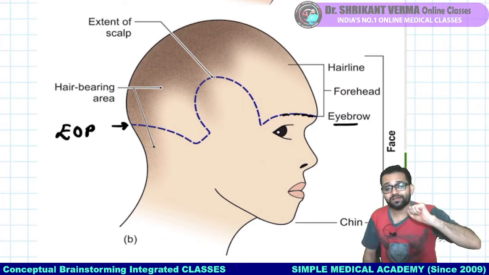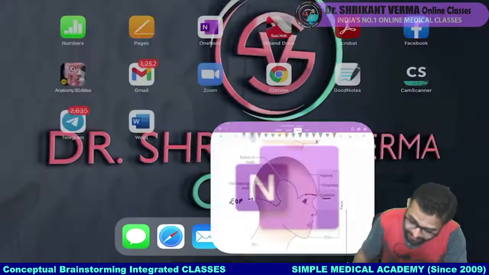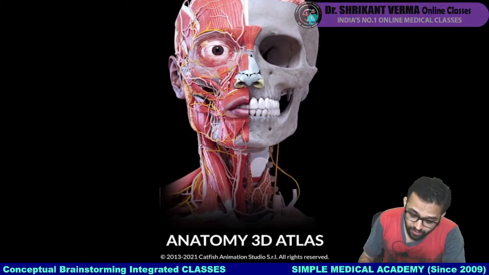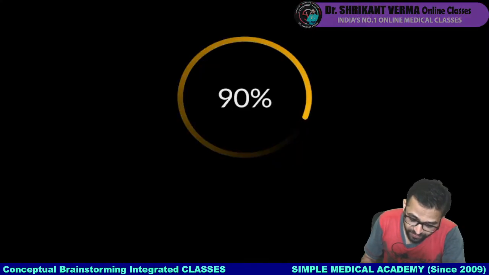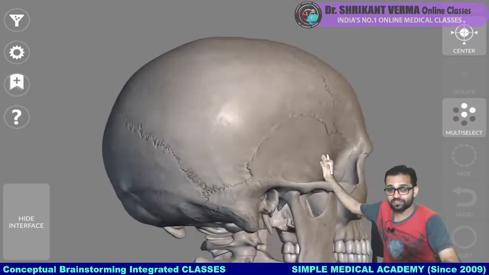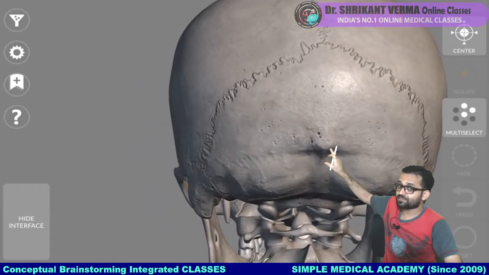Do you remember, in our trapezius part we studied this on the back side. See here the 3-dimensional anatomy. On the back side of the skull, rotating this one, when you reach the back side, can you see this bony prominence?